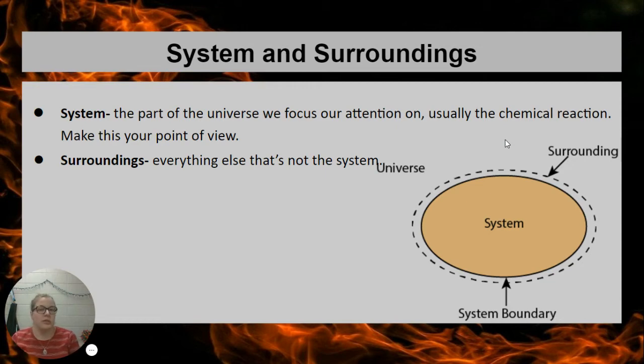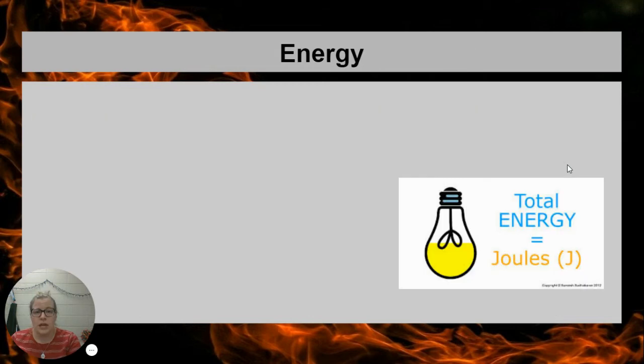So it's important that we define that and that we are careful with the way that we do define that, because it's going to change the sign, whether a change in energy is positive or negative. So we have to just be a little bit careful with that. And as we go through more practice, I will give you a hand with that.